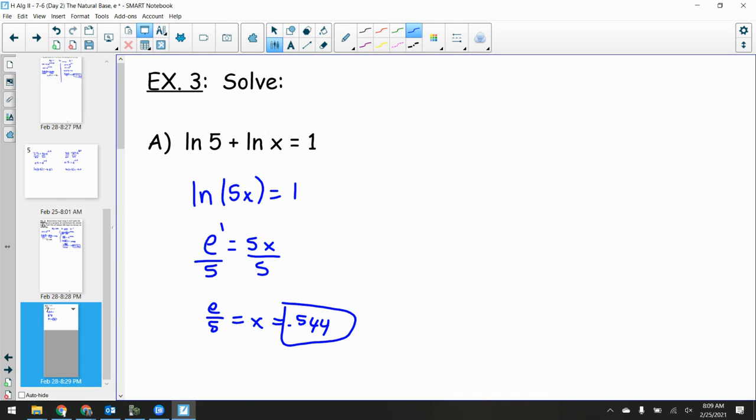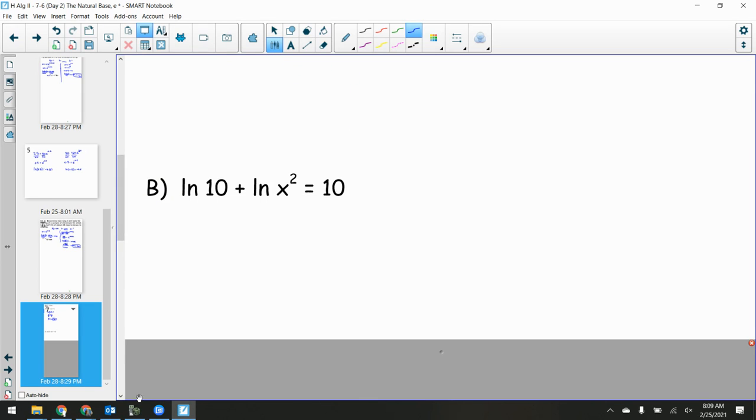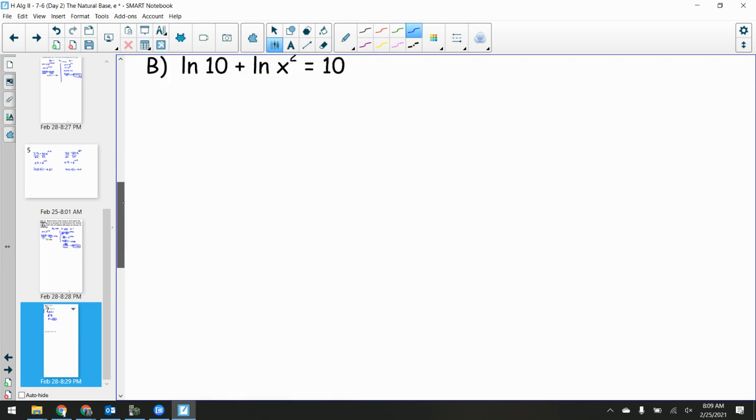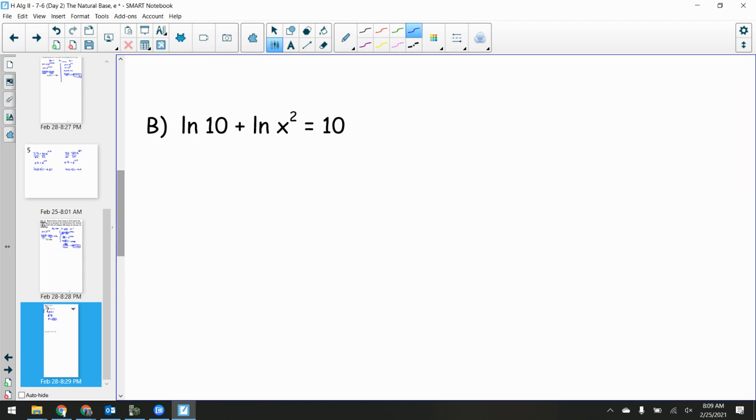So let's take a look at the other one that we have down below. Any questions on that one? Good there? Okay, let's take a look at the other one. ln of 10 plus ln of x squared is equal to 10. Well, again, addition means to multiply.